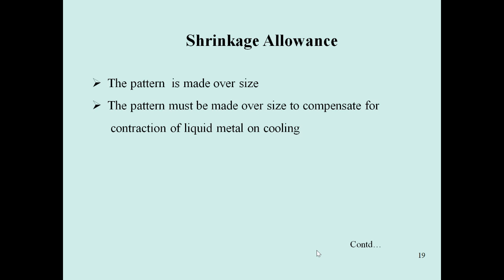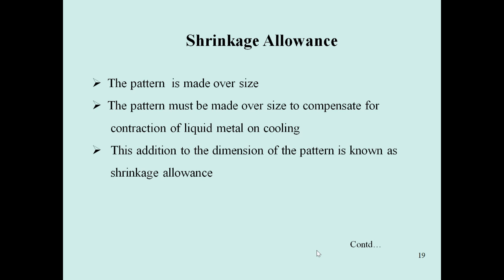On cooling, the metal shrinks, so we compensate for the contraction of the molten metal. This addition to the dimensions of the pattern is known as shrinkage allowance.